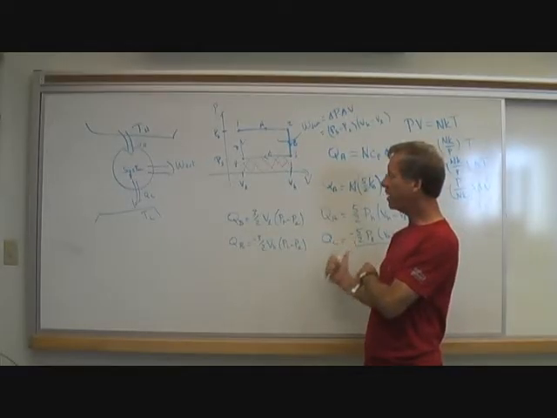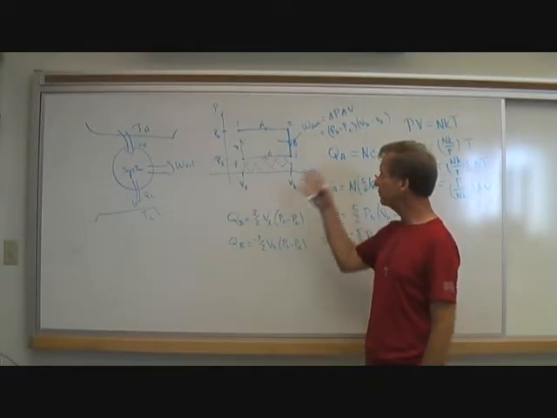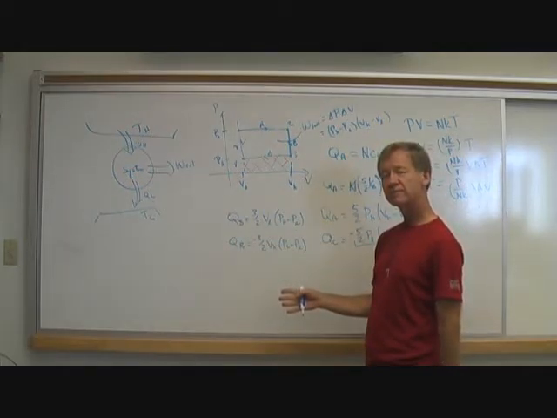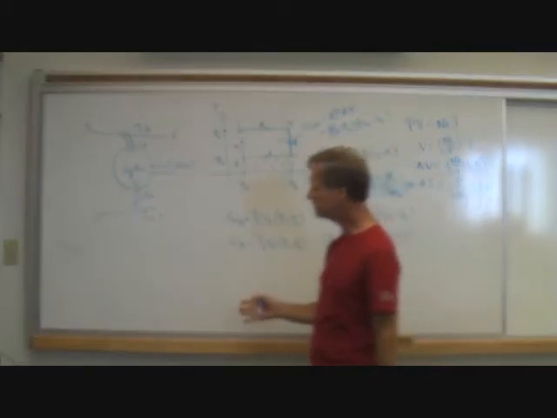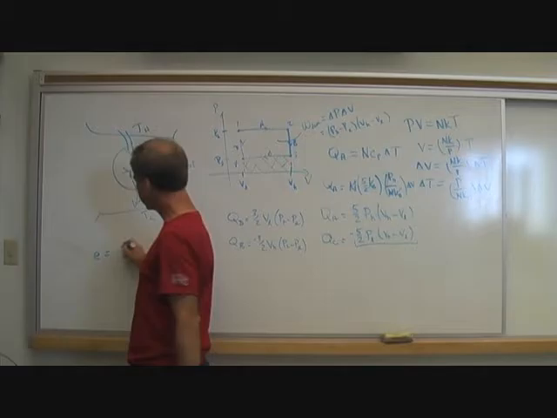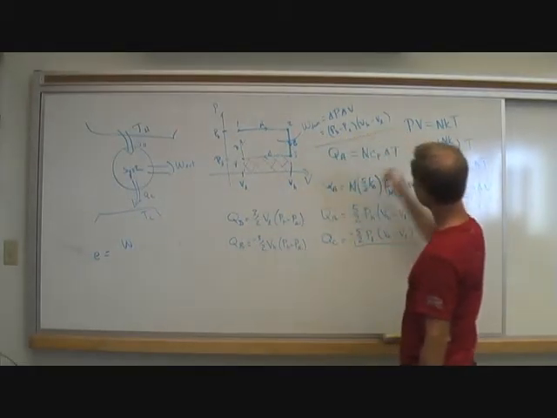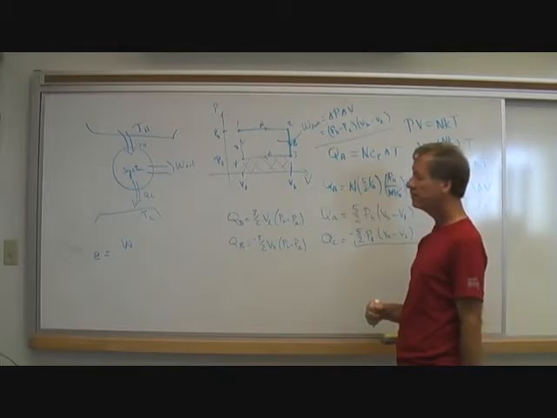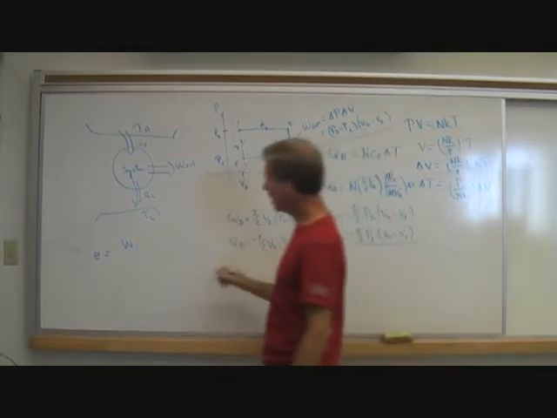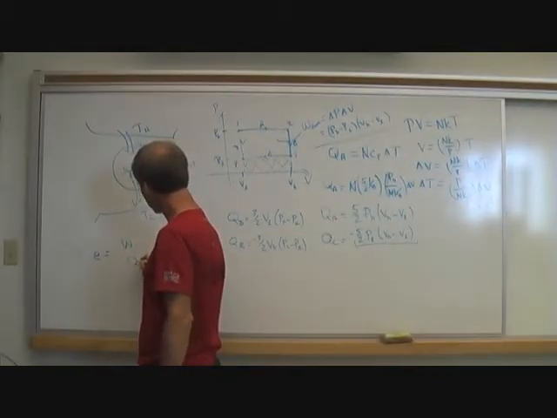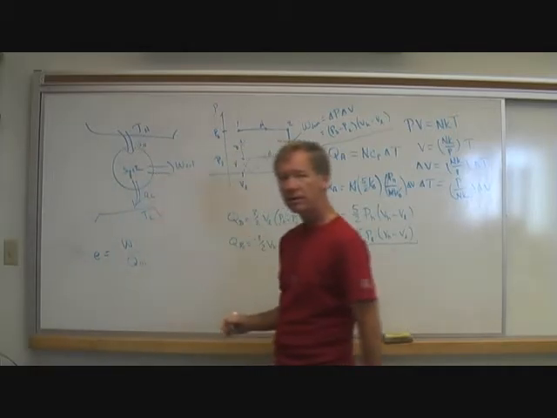And so if I want the efficiency of this engine, right? The efficiency of this engine is the work that I get out, the work done, which is right there, divided by Q in, right?